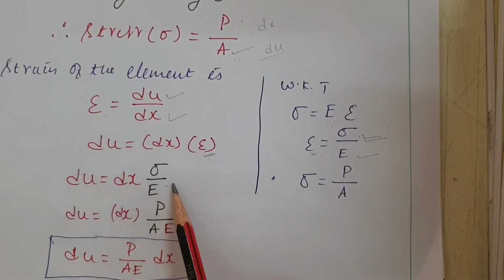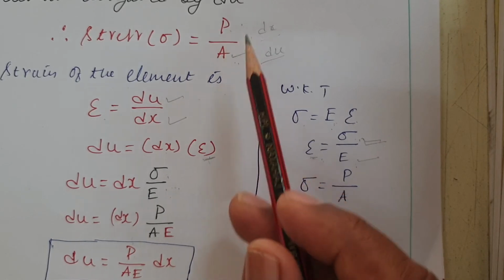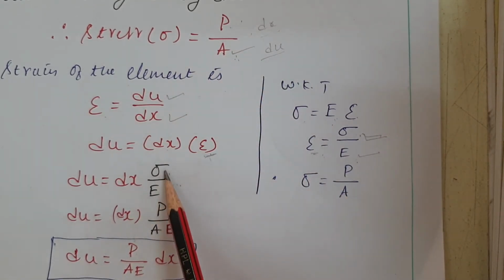Then, for further simplification, we know stress will be equal to load by area. So in place of stress, sigma, I am considering load by area. Then the equation you will get is du will be equal to P divided by AE into dx.